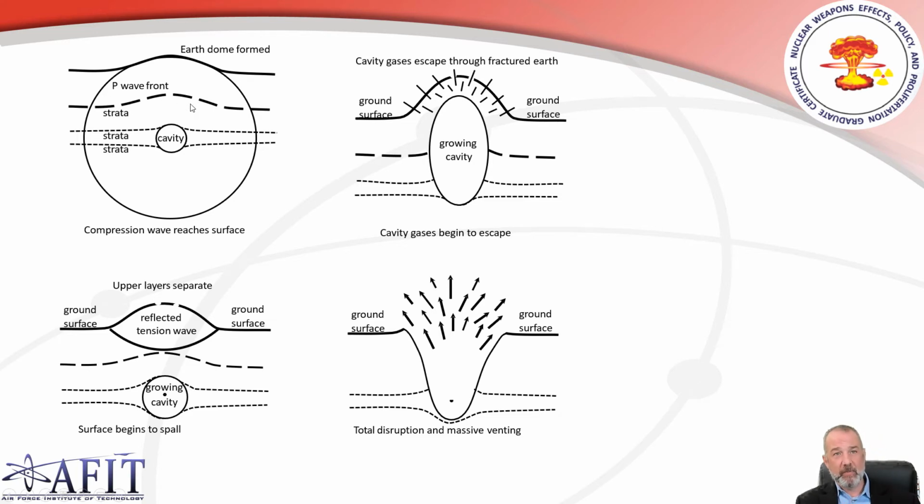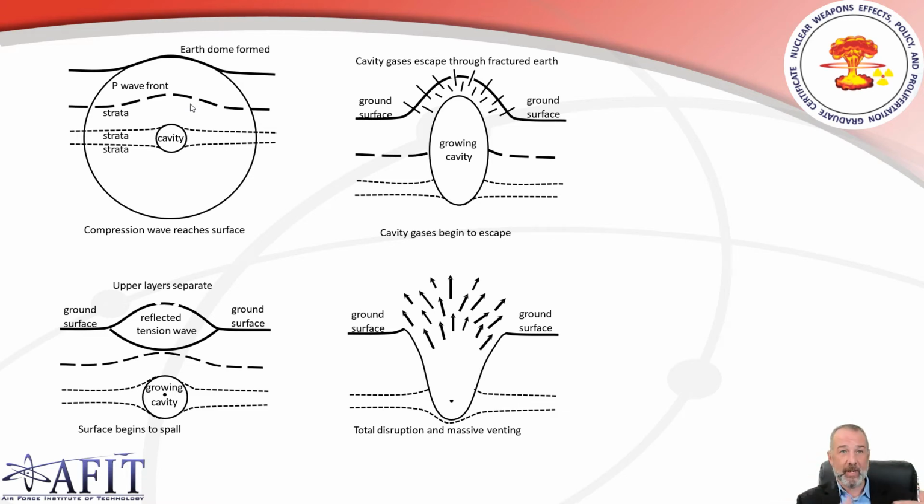Now, if you're shallow enough, as it approaches the surface, it's pushing a whole bunch of material, and it's going to cause deformation of the ground. So it's going to bow outwards, if you will. When it does this, it's compressing all of the air that's near it, right? As your ground moves up, you're pushing air up with it.